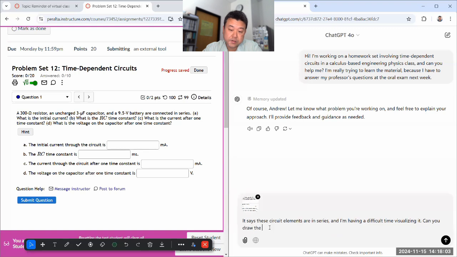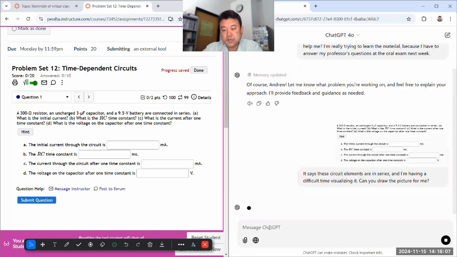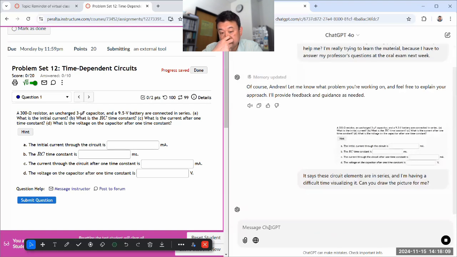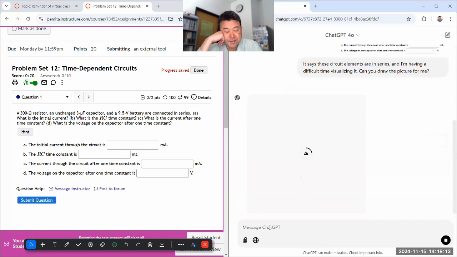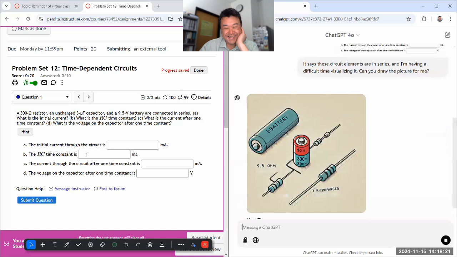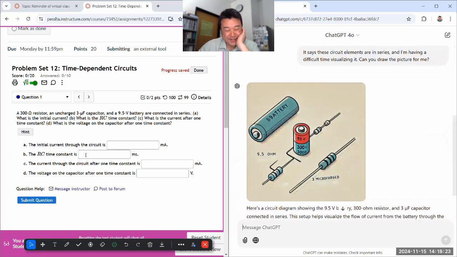Can you draw the picture for me? It won't draw the correct picture. It'll probably generate it using DALL-E, and when it does, it'll be some artistic drawing. It won't be correct. So in terms of drawing the correct figures, yeah, you still have to do it yourself. There's no way around it.